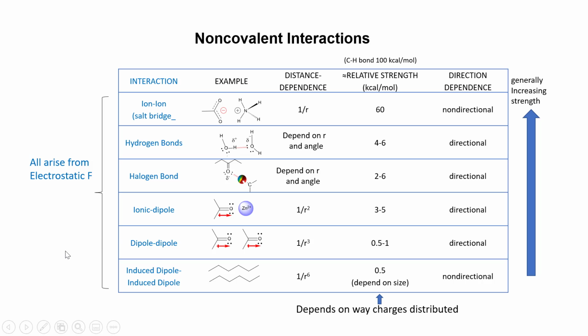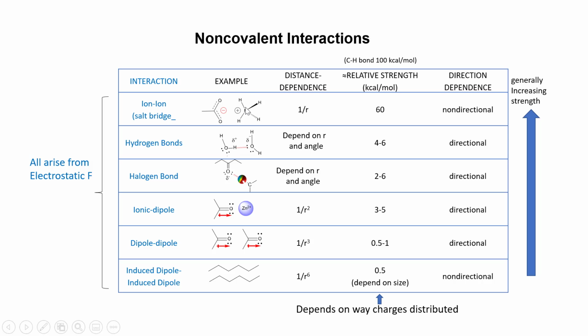Now we consider all the common noncovalent interactions. These include ion-ion or salt bridges, hydrogen bonds, halogen bonds, ion dipole, and induced dipole interactions. Based on the size of the charge and their distribution, the ion-ion is the strongest, and the induced dipole is the weakest, given similar sizes of species and distances between them.